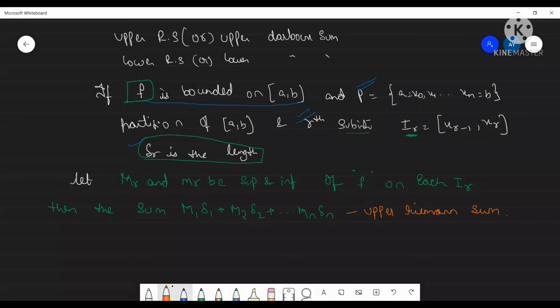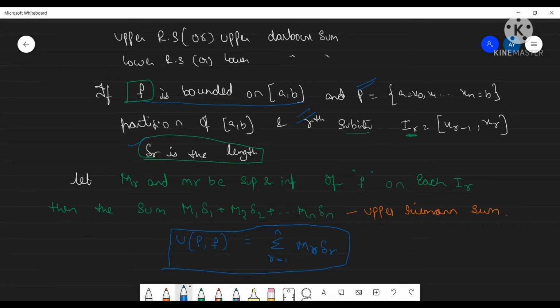The upper Riemann sum is denoted by U(P,f). Upper Riemann sum is equal to the summation r equals 1 to n of capital Mr delta r. This is the representation of the upper Riemann sum.